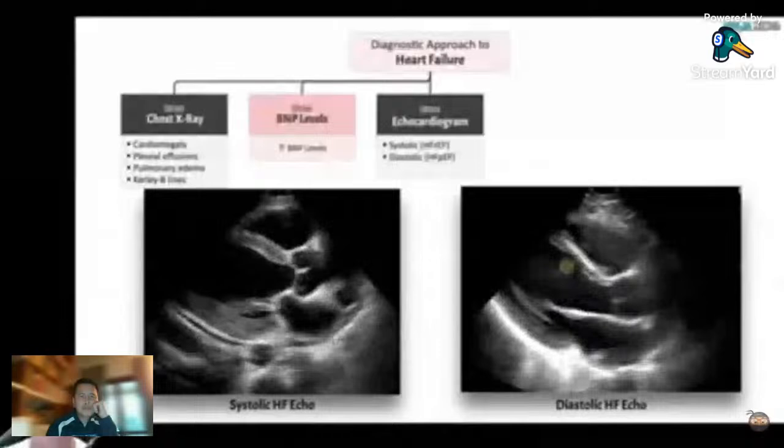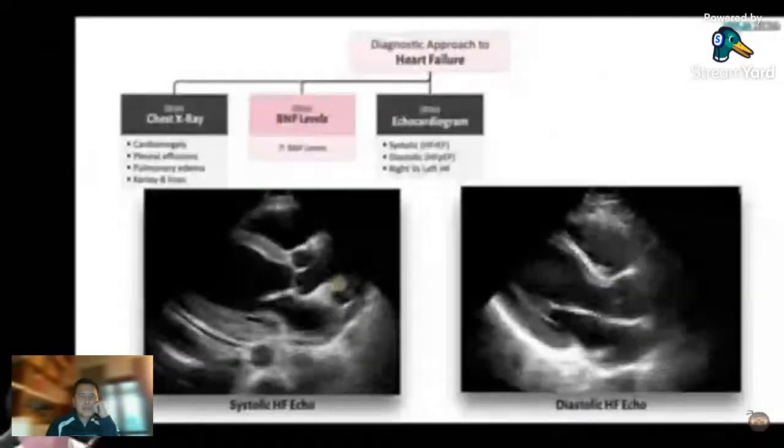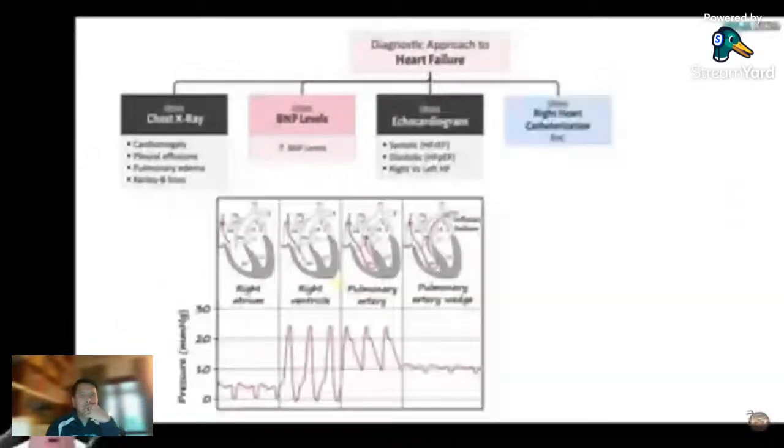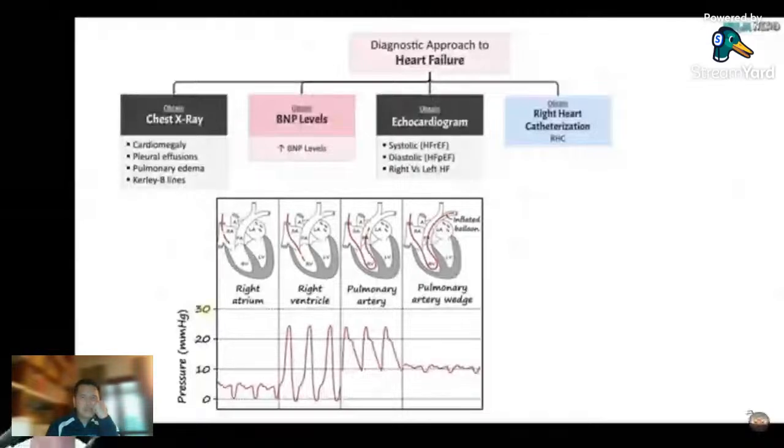That's pretty straightforward. Now, the most definitively diagnostic test to determine if the patient is in acute left heart failure or in left heart failure in general is to do a right heart catheterization, also referred to as a Swan-Ganz catheter. You run a catheter down the IJ, into the right atrium, into the pulmonary artery, and up into the pulmonary artery capillary area.